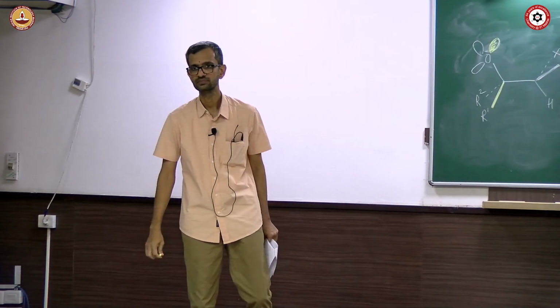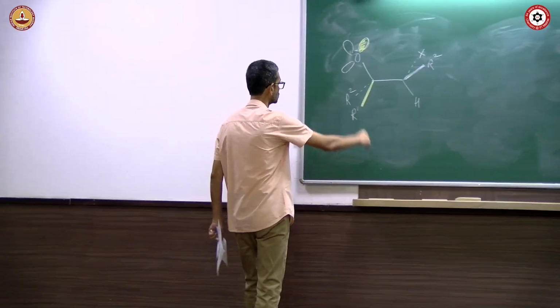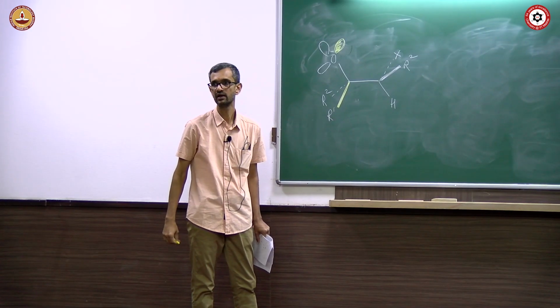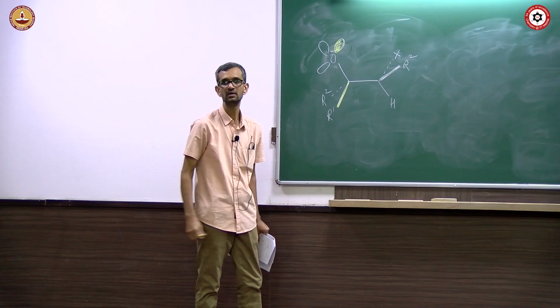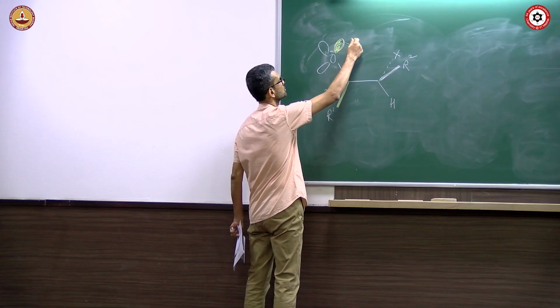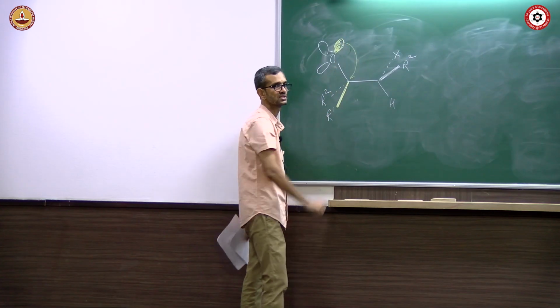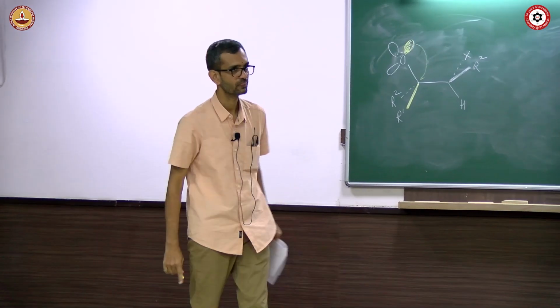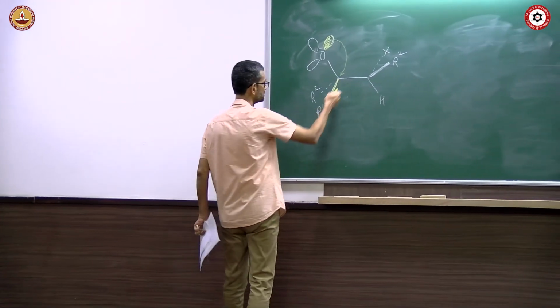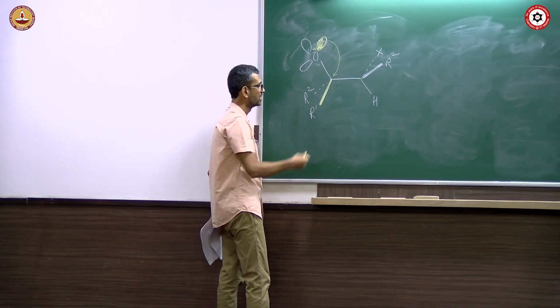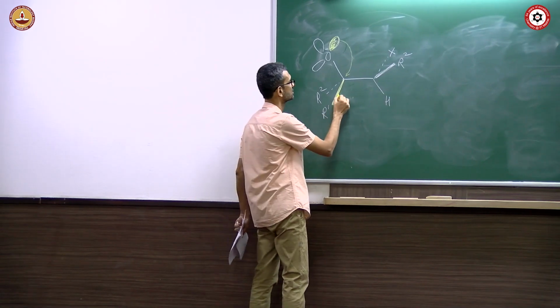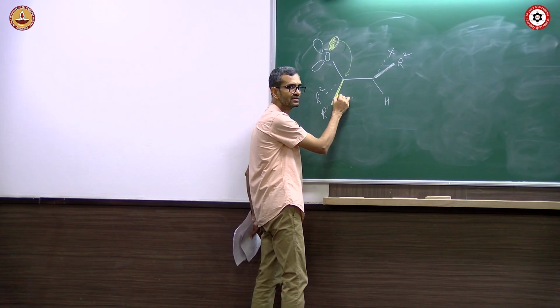This is anti-periplanar. So what does it do? It should share the electron density to sigma star of C-R, right? So it comes in and weakens this CC bond. So obviously it should migrate.